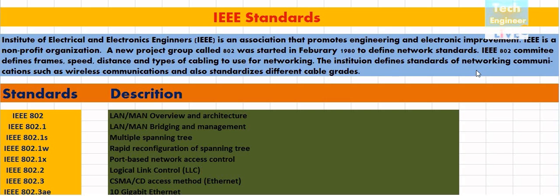There was a time when LAN networks were very famous. Now WAN networks are very famous. So the speed to distribute and pass data is also a requirement: how fast the frames move, versus speed, distance, and types of cabling.